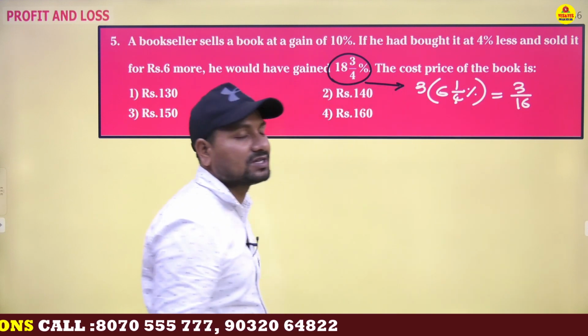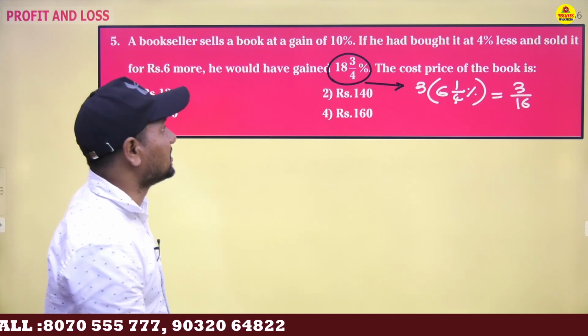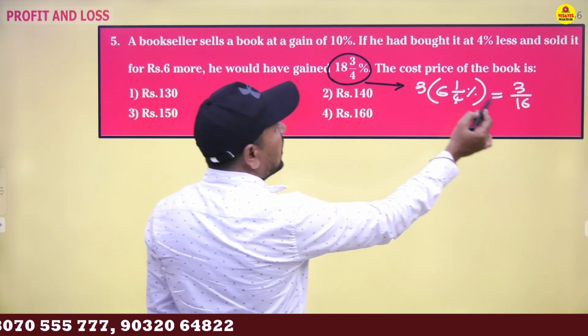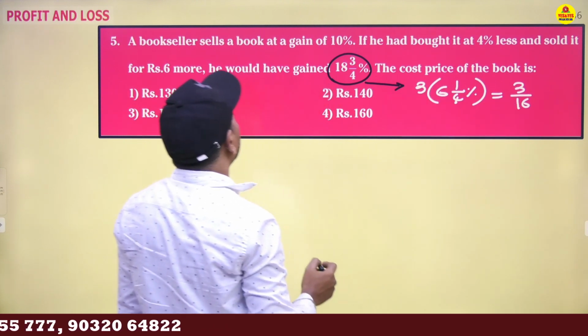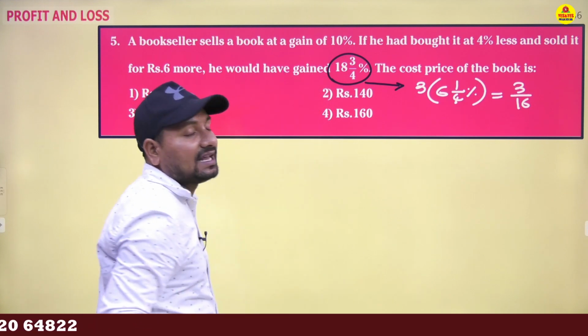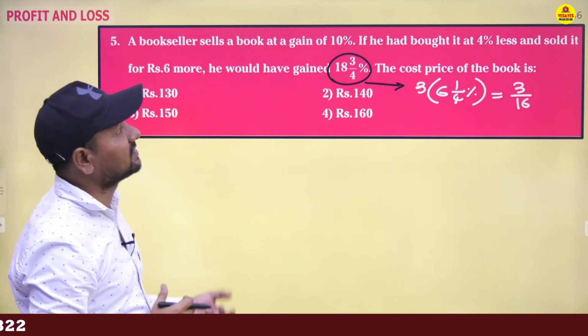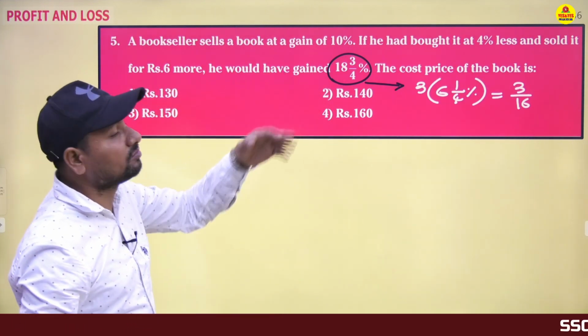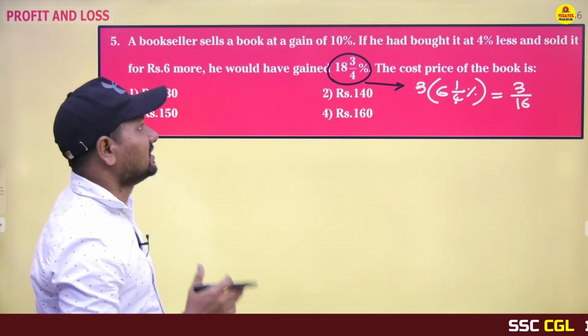Gained how much? 3/16. This is compared to the previous selling price, gained how much more? 3/16.